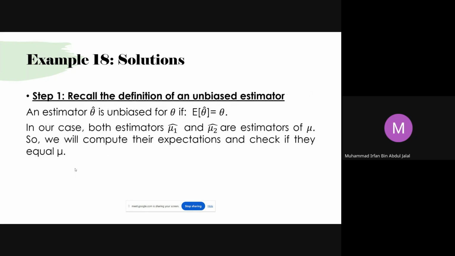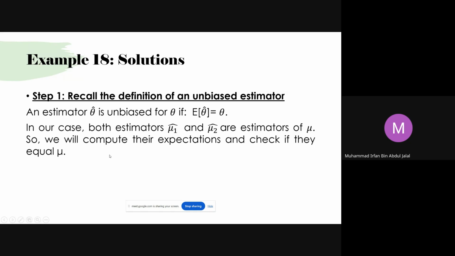So in this case, these are the solutions. Again, always remember this part. Recall that the definition of an unbiased estimator is when the expectation of the estimator theta hat equals theta. In our case, since the random variables come from the Gaussian distribution, mu hat 1 and mu hat 2 can be considered as two competing estimators for the population mean of these Gaussian distributions.